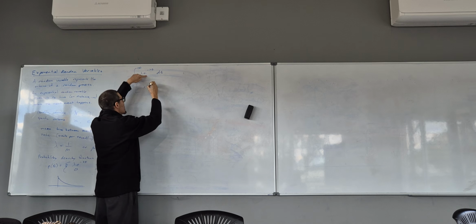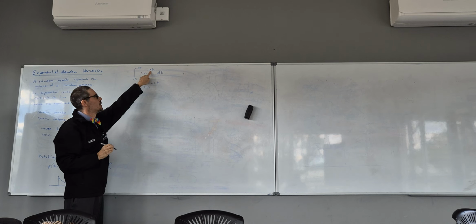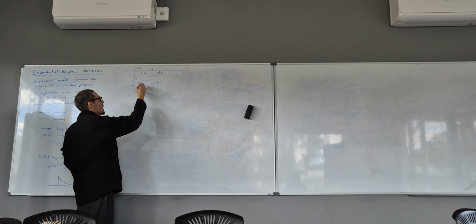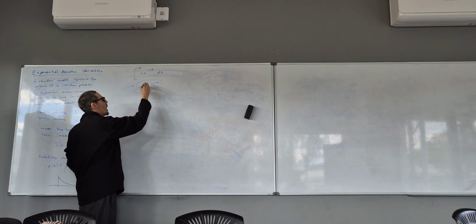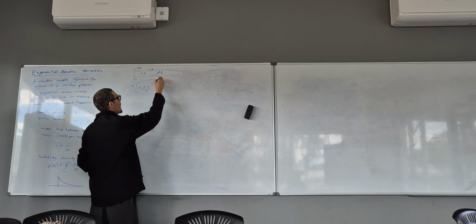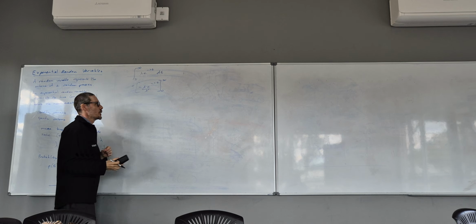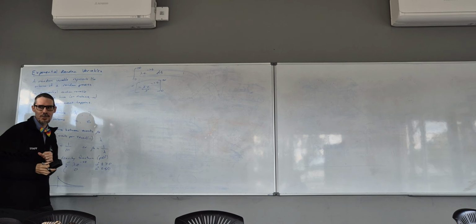This function doesn't change, but I have to divide by the negative lambda. You okay with that? I'm going to rub out these lambdas to make it a bit neater. That's what I've got left.